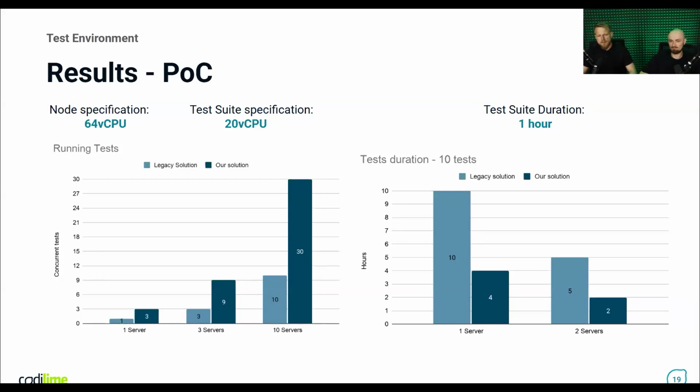On one server, running 10 tests takes about 10 hours with the old setup, but only 4 with the new approach. On 2 servers, total execution time is reduced by half. This shows that better isolation and better resource usage allows us to increase parallelism and reduce total test time.